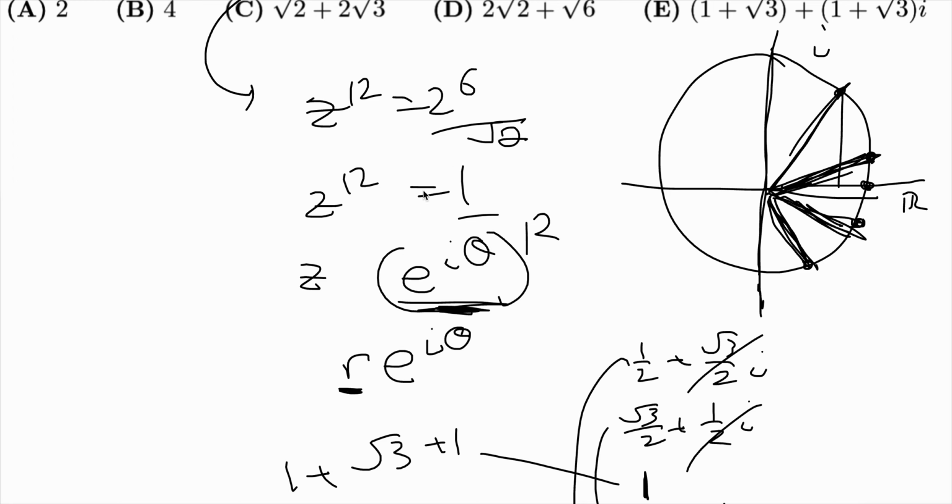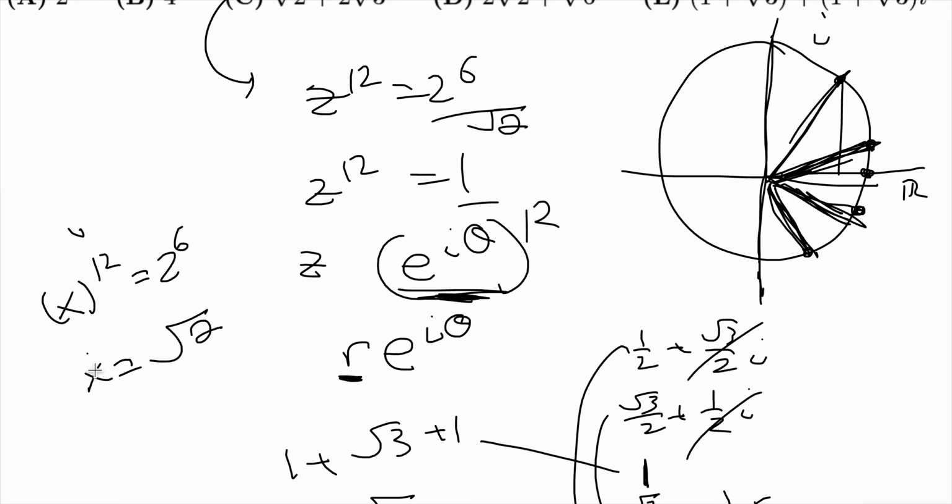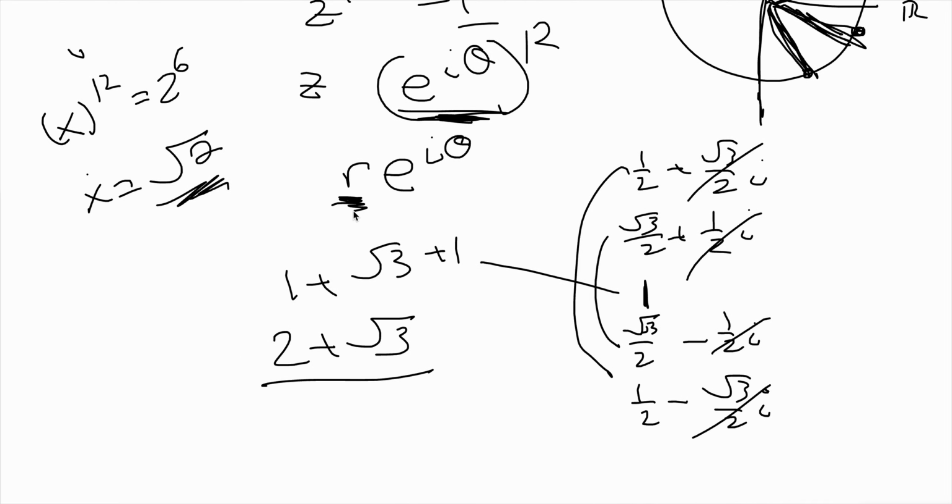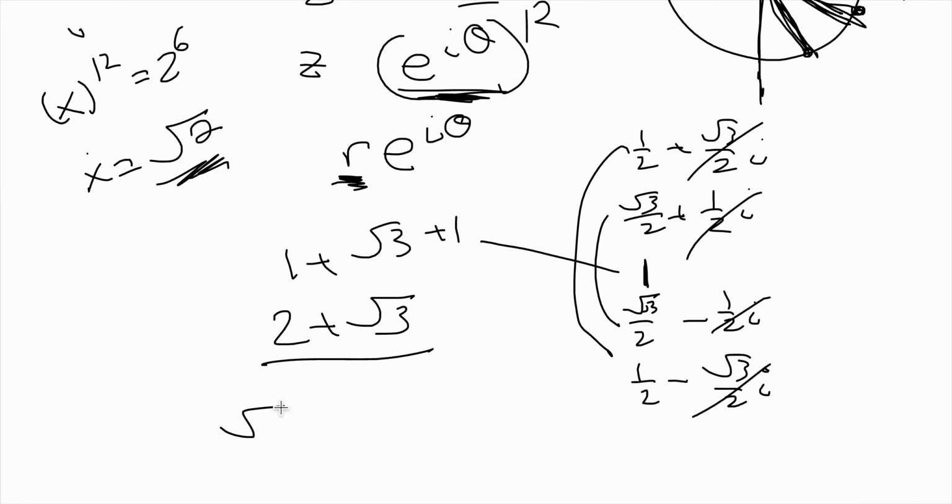The r is just the magnitude, and if the magnitude of something to the 12th power equals 2 to the 6th power, then this magnitude is going to equal the square root of 2, because square root of 2 to the 12th power equals 2 to the 6th, which equals 64. So the magnitude is square root of 2. That's the r part. Now I'm just going to multiply all of this by this magnitude.